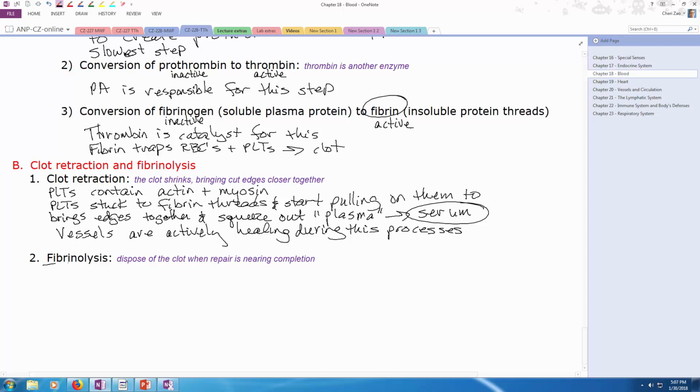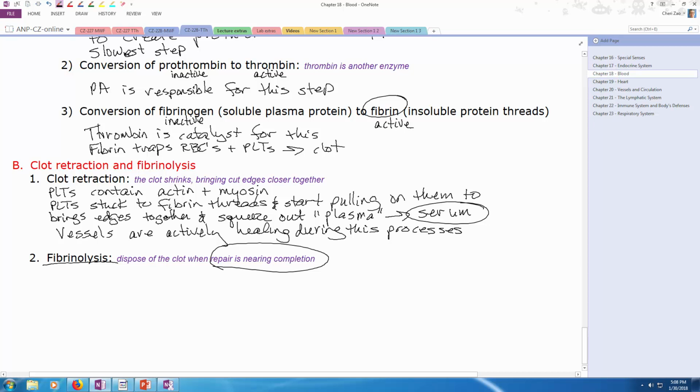Okay, edges got together, but we need to get rid of the clot, and getting rid of the clot is that process called fibrinolysis, to cut up this fibrous meshwork or network here. And so fibrinolysis occurs when the repair is almost done, because if you get rid of your sutures too soon, what happens? It splits open. So fibrinolysis has to occur when we're almost all healed up, because if it happened too soon, you'd end up with a rent or a tear again in the fabric here.